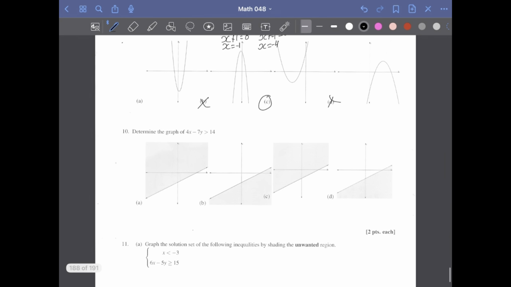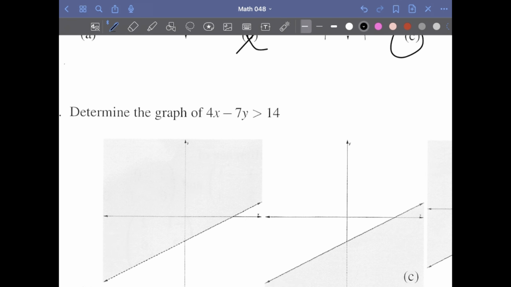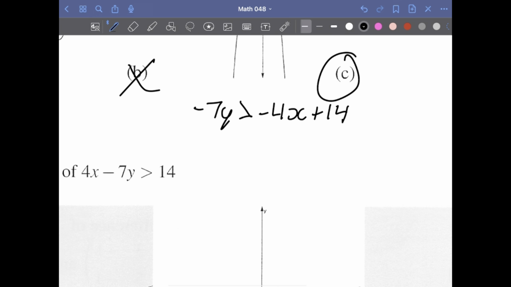Determine the graph of, so what I'm going to do is solve for y. I'm going to send that 4x over, so we have negative 7y greater than negative 4x plus 14. So I'm going to divide both sides by negative 7. And when we divide by a negative, the sign flips.